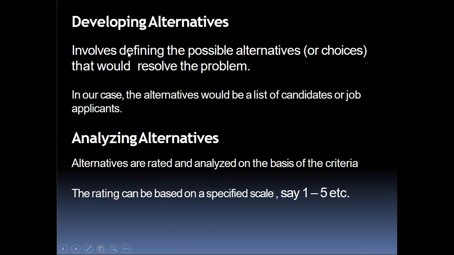Developing various alternatives for a problem. How? It involves defining the possible alternatives. If you want to decide one particular thing, first explore the number of choices or alternatives for the particular problem. Say, for example, you are going to choose a supplier for buying raw material or a machine for your company based on the least cost quoted by the specific supplier.